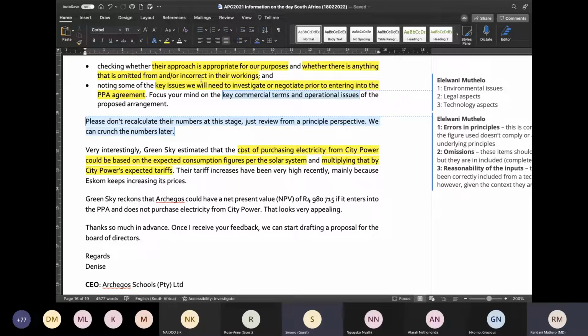And because we are asked about their approach, is it appropriate for our purpose? Did you find that this was questionable?